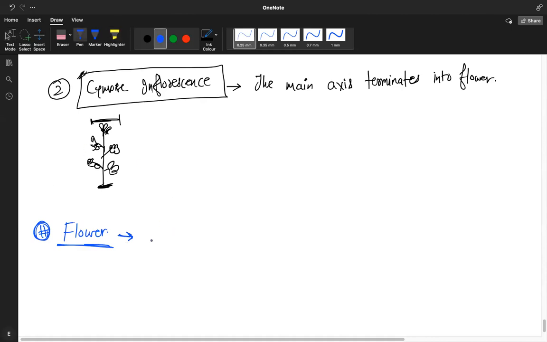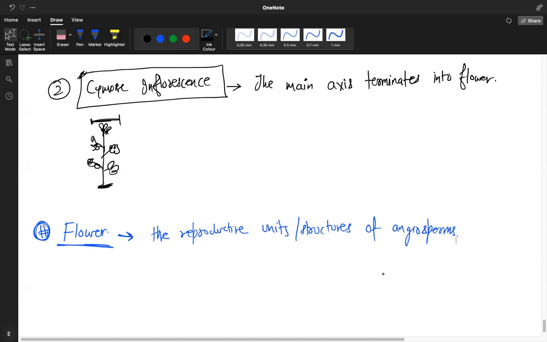Flowers are the reproductive structures or reproductive units of angiosperms.